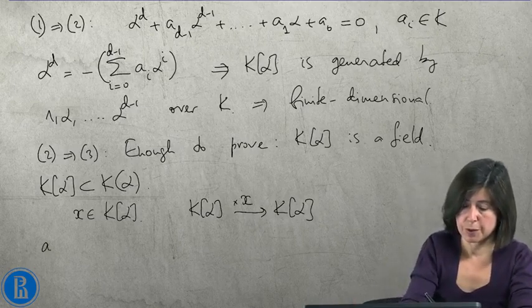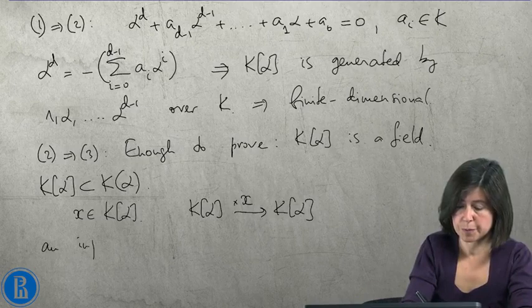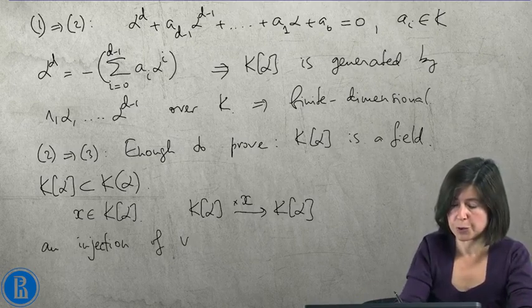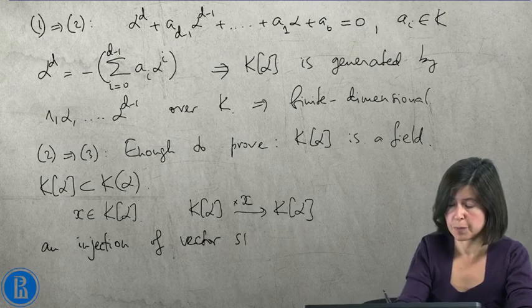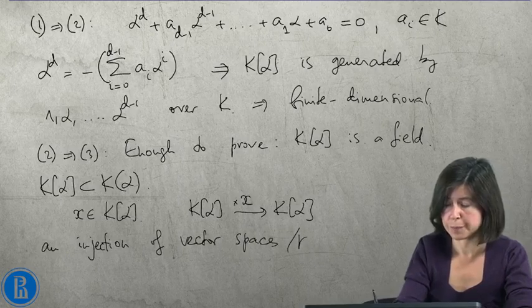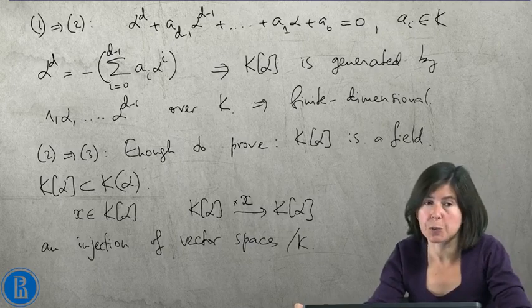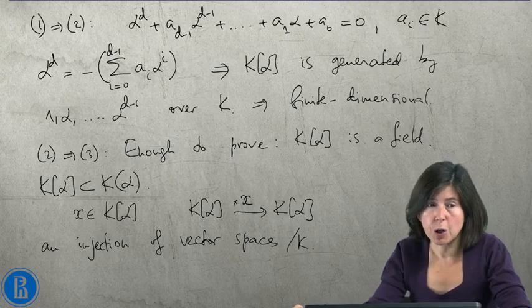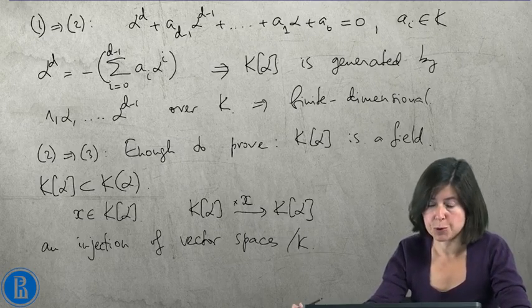This is an injection of vector spaces over K. But we know from linear algebra that if you have an injection of finite dimensional vector spaces of the same dimension, then it is also a surjection.